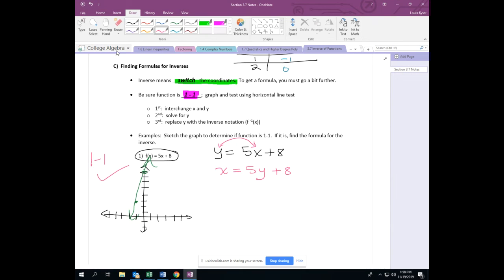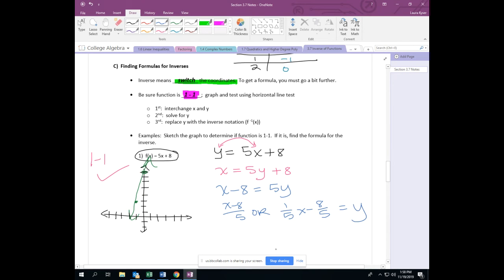This is a two-step process because there are two values on the same side as my y. I'm going to begin by subtracting 8 over. That gives me x minus 8 equals 5y. And then I'm going to divide both sides by 5. We get x minus 8 over 5, or you can do 1/5 x minus 8/5.